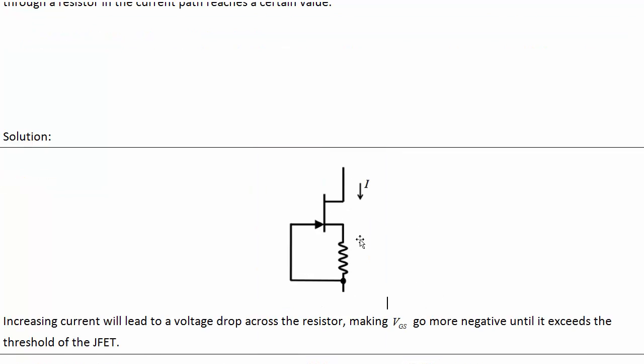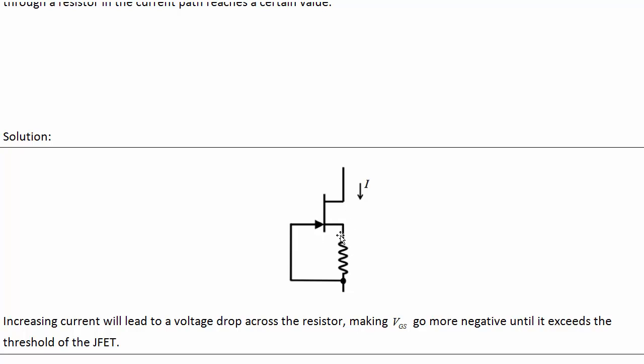So look at how this works. If the current is low, then the voltage of the gate relative to the source, which is at the other end of this, is pretty much 0. So this behaves like a FET, which has a very low resistance normally.